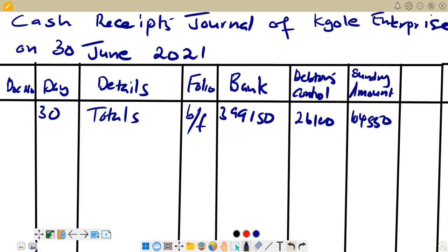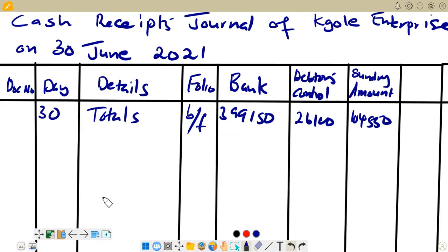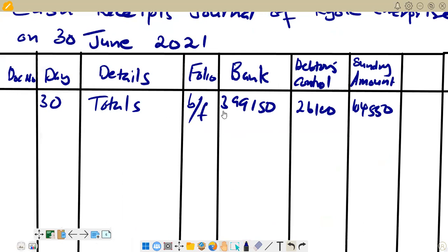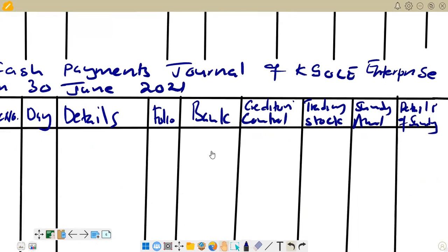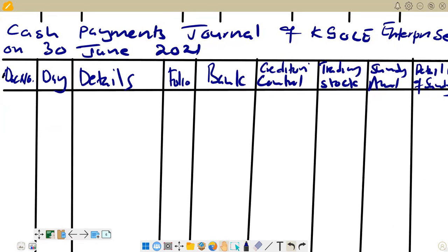So we are here on our cash payments journal. We go to our cash payments journal and then we enter those amounts. For the opening balances, remember, the day that we have there is 30. And we are saying totals brought forward. What we have for bank, remember, is 295,680.